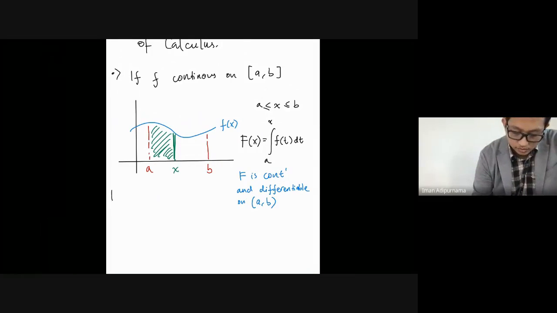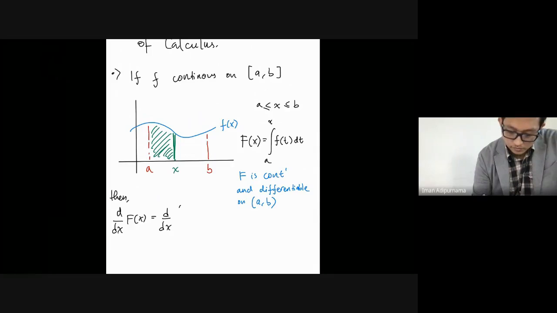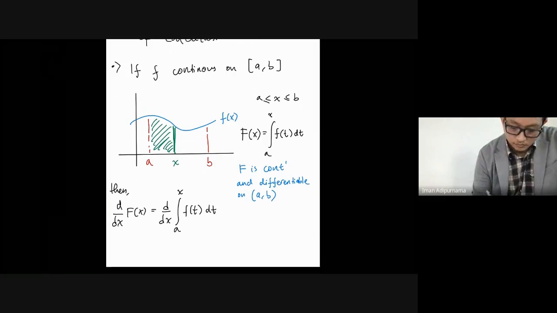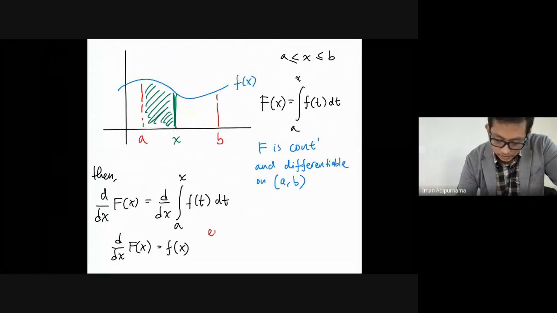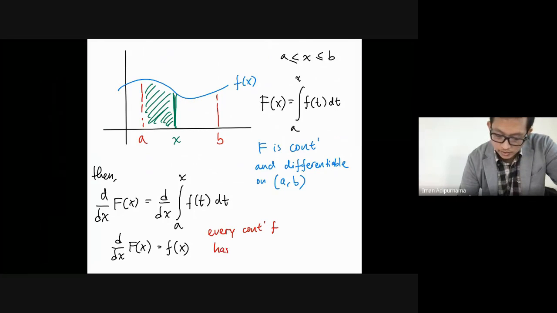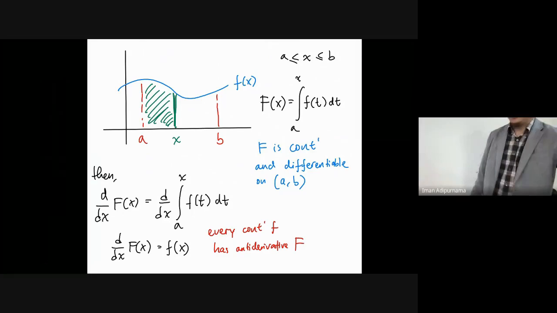Then the derivative of the big F, so every continuous function has an antiderivative F. Okay.